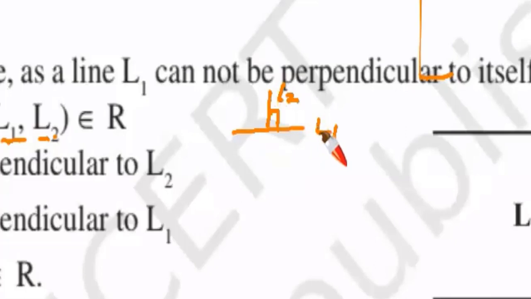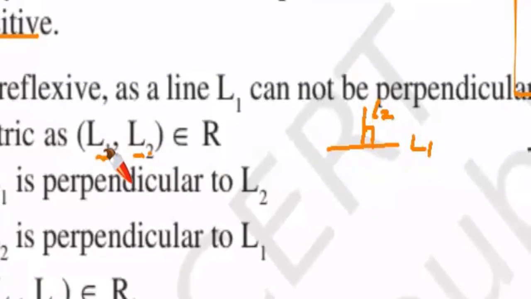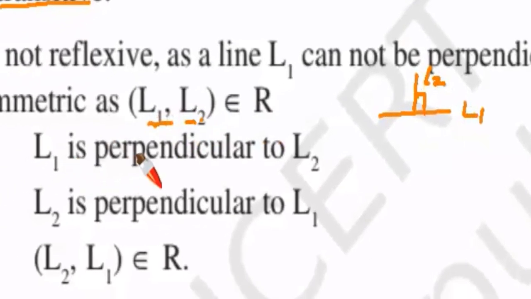So it is symmetric. Here we have taken the ordered pair (L1, L2) belonging to R. It means L1 is related to L2, so L1 is perpendicular to L2. We can convert this: L2 is perpendicular to L1. So (L2, L1) belongs to R.